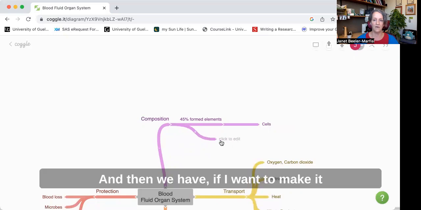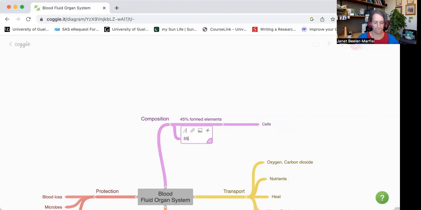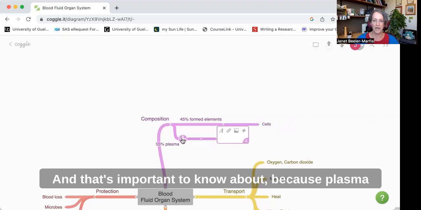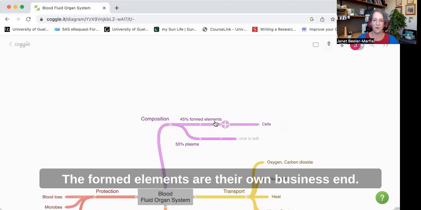And then we have, if I want to make it equal with that formed elements, 55% plasma. And that's important to know about because plasma is the fluid business end. The formed elements are their own business end.